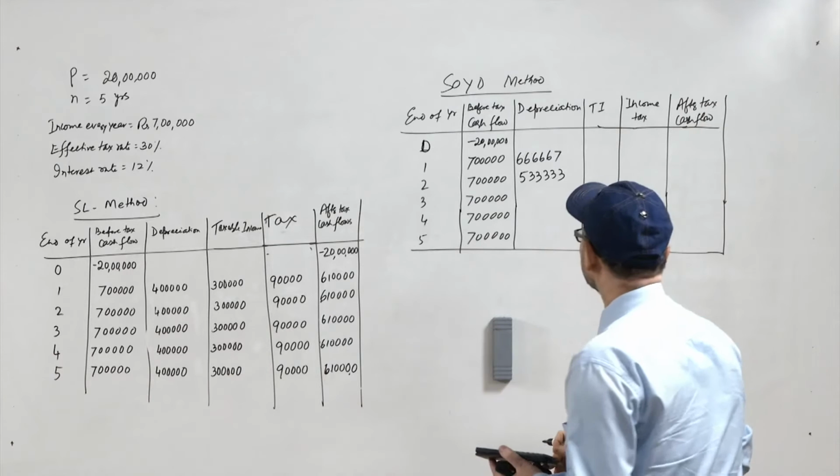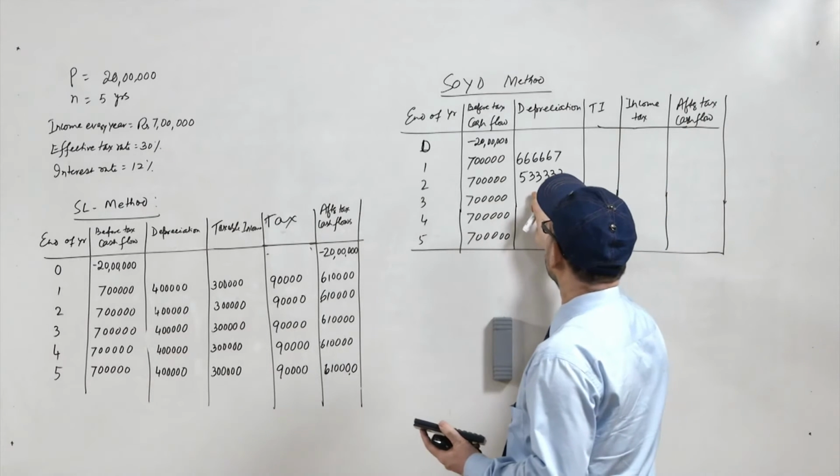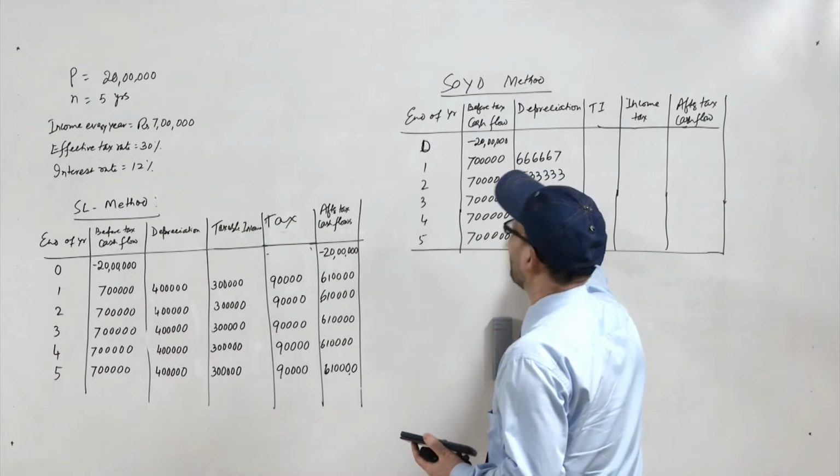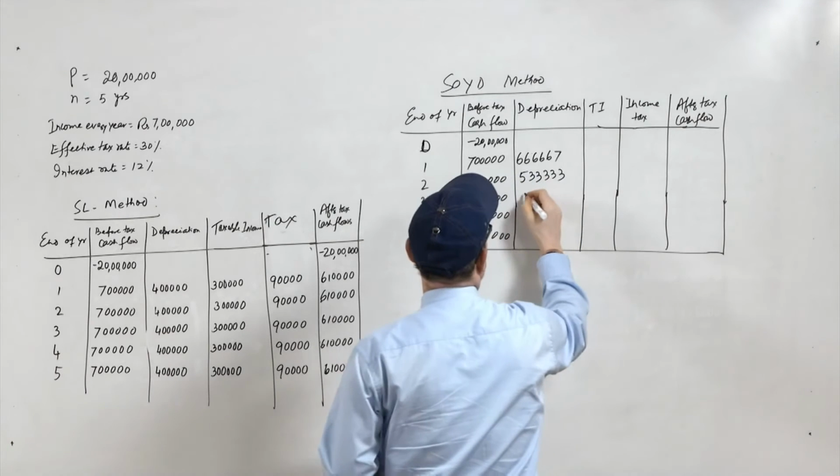Then 3 by 15 into 20 lakhs, which is 4 lakhs.